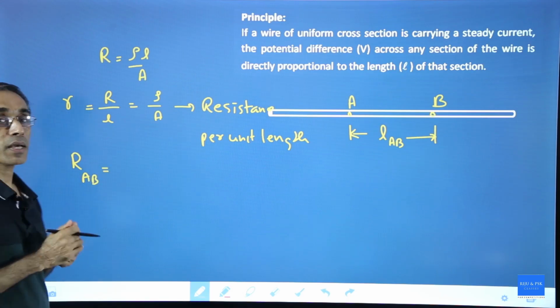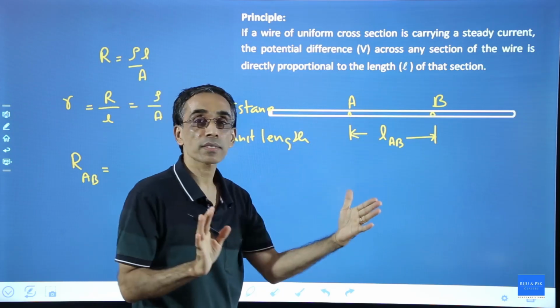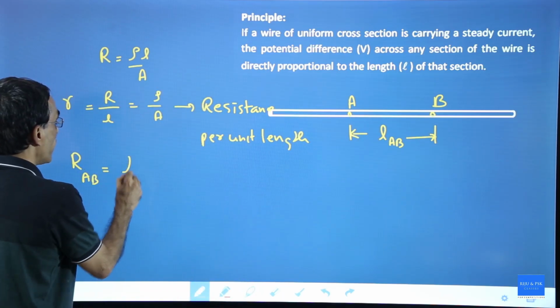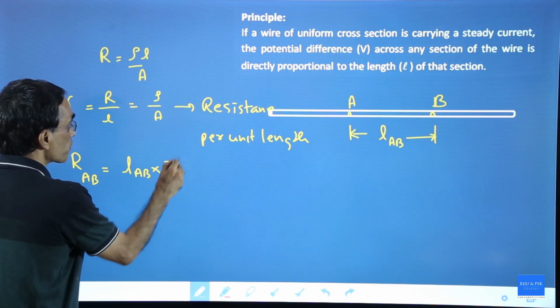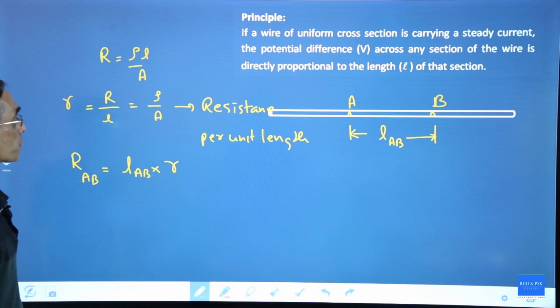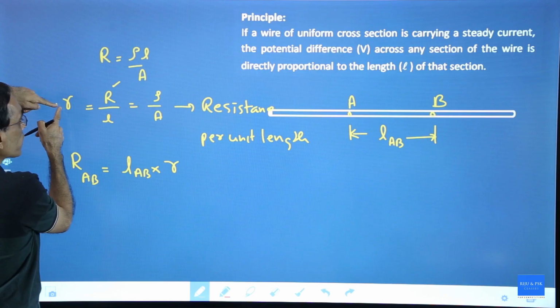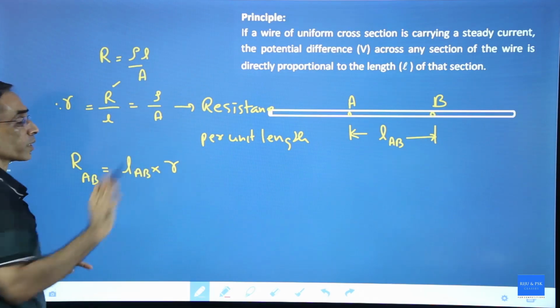What is RAB? RAB is the resistance of the wire between the points A and B. How to find RAB? RAB is equal to length AB into resistance per unit length, because we know resistance is resistance per unit length into L. So, RAB equals LAB into R.